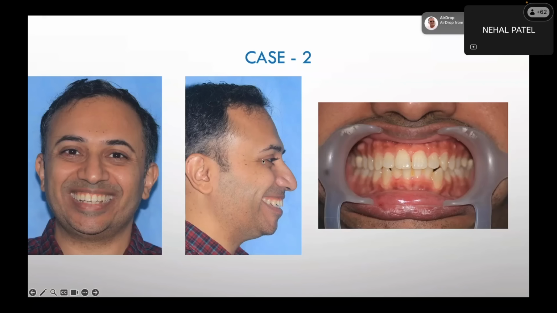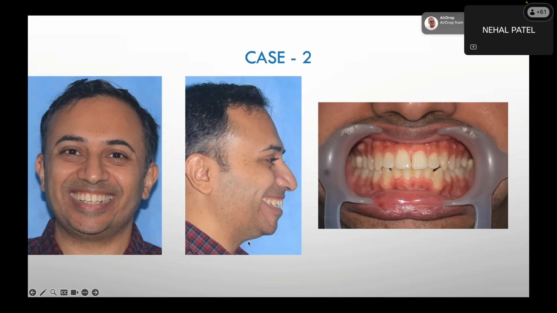Now, if you look at this guy, when he was referred, he had an AHI of almost 35, but aesthetically, he's fine. There is no problem in that. But when I need to increase the airway by doing MMA, what I see is this area.